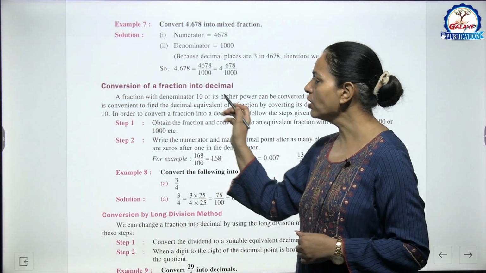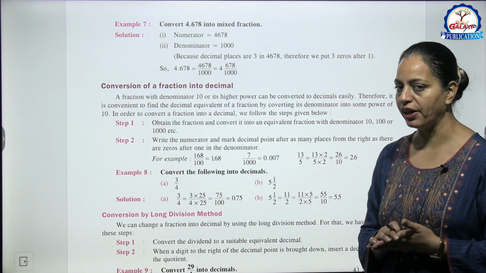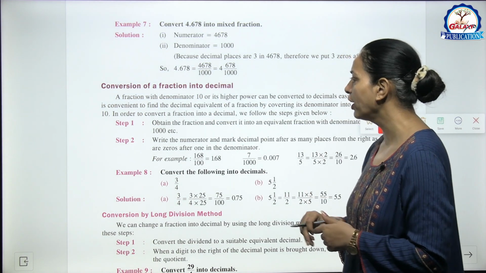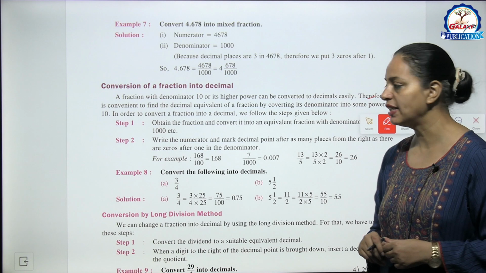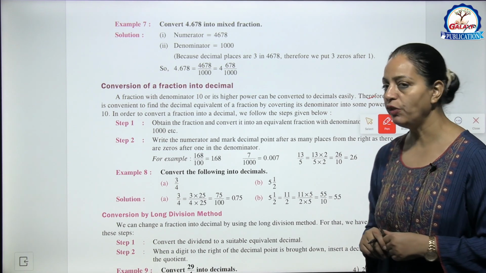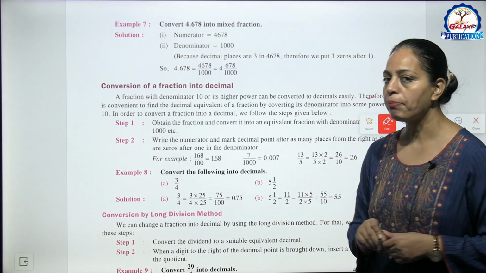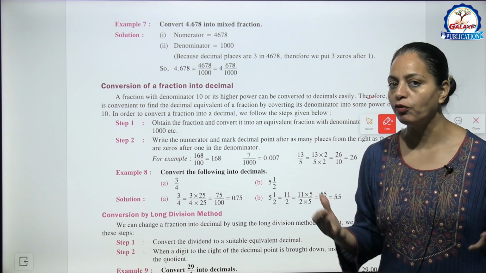Now conversion of a fraction into decimal. अब fraction से decimal में जाना है. We know a fraction with denominator 10 or its higher power can be converted to decimals easily. Therefore, it is convenient to find the decimal equivalent of a fraction by converting its denominator into some power of 10.